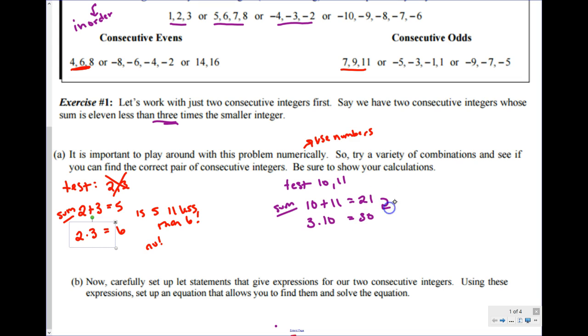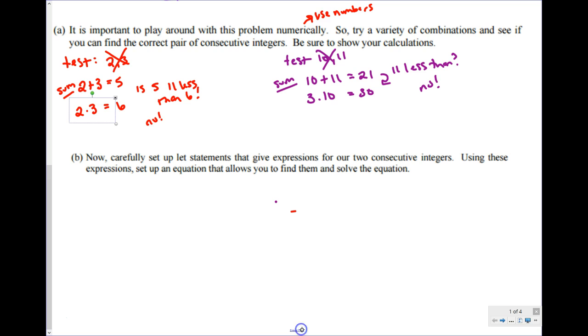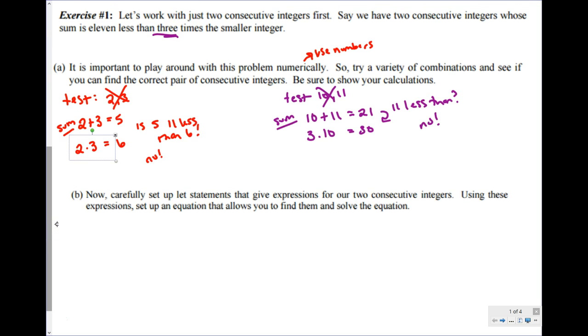Is 21 11 less than that? No. So 10 and 11 doesn't work either. So this could take us quite a long time if we wanted to just guess and guess and guess. So instead, like previous lessons in this unit, let's set up let statements for this. So here's my original phrase, 11 less than 3 times the smaller integer.